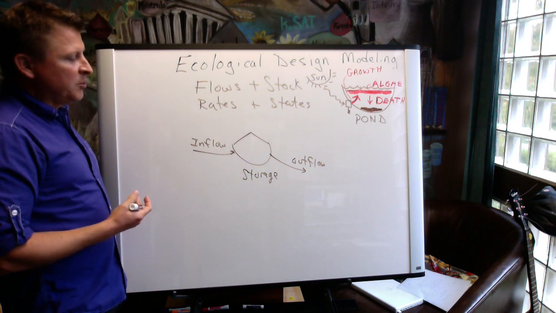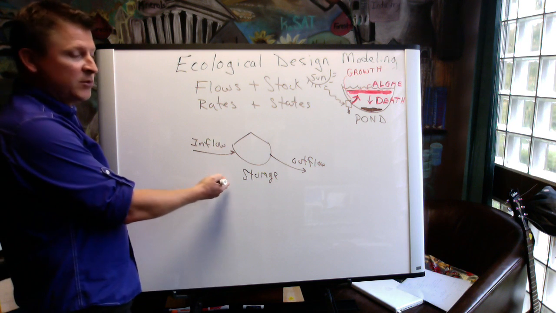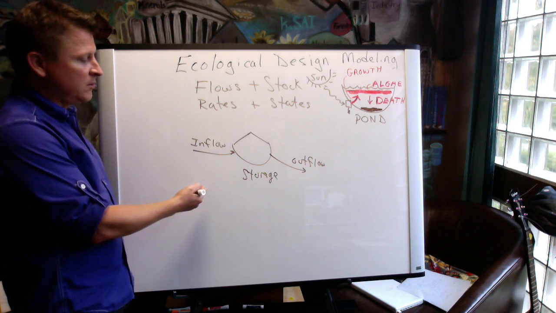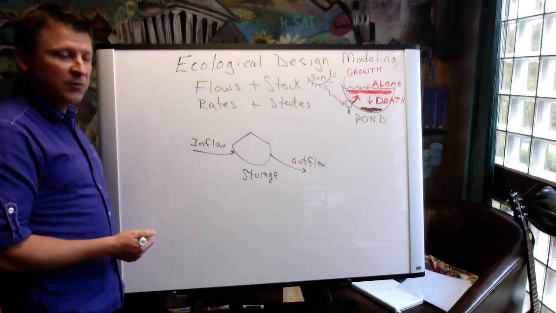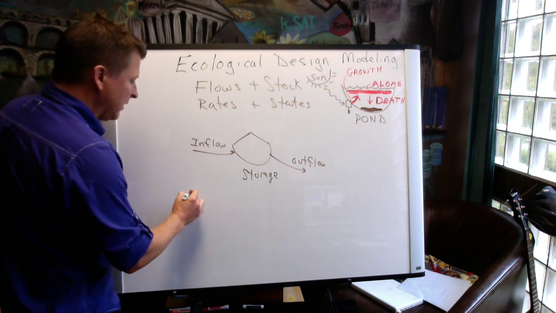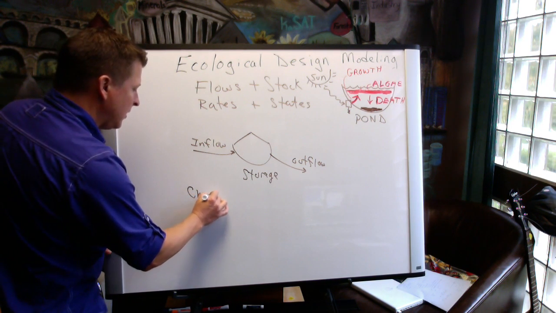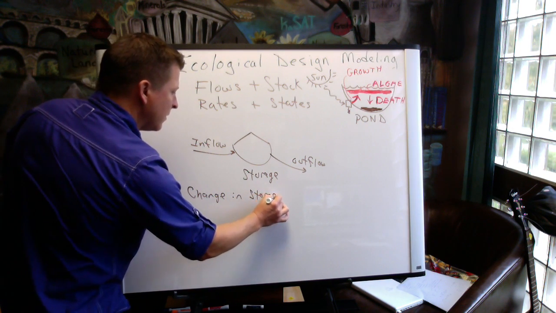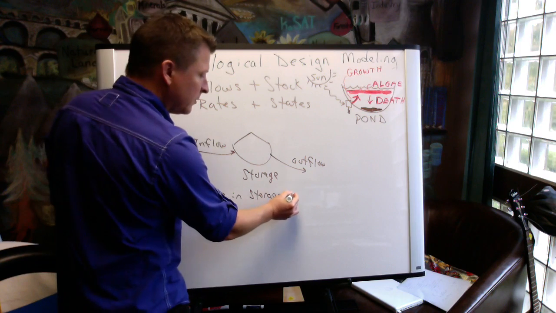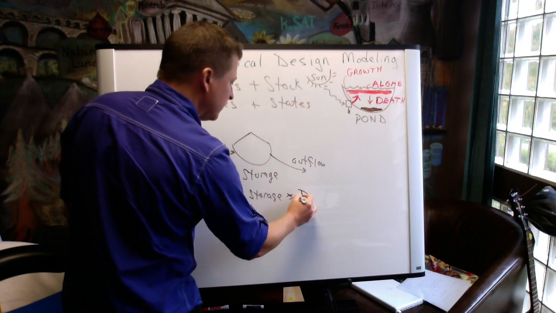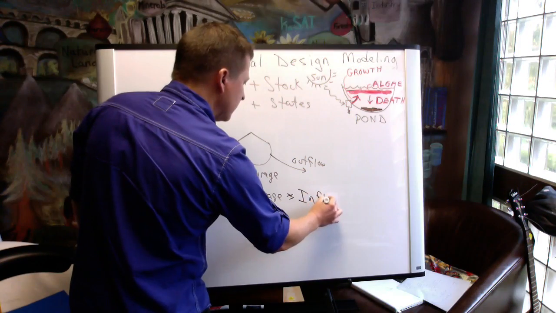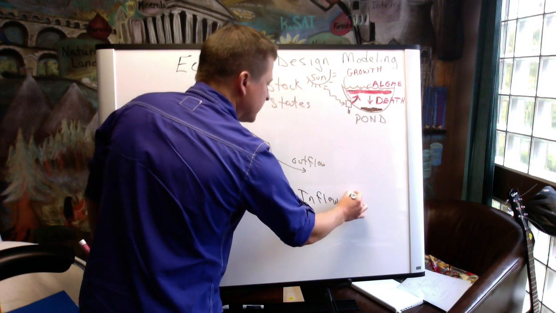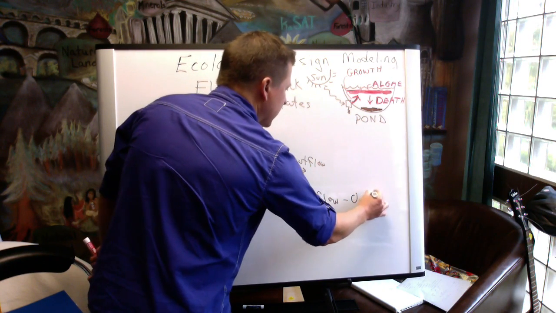So the basic premise is that the change in storage is just a balance between inflow and outflow. So we can say that the change in storage equals inflow minus outflow.